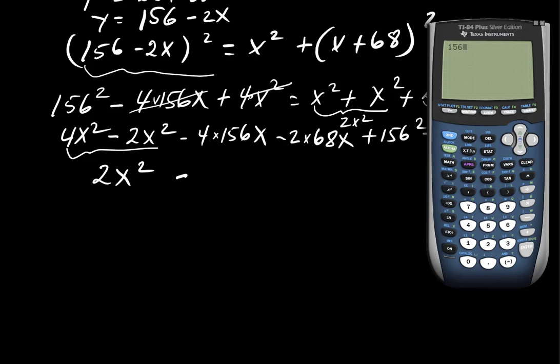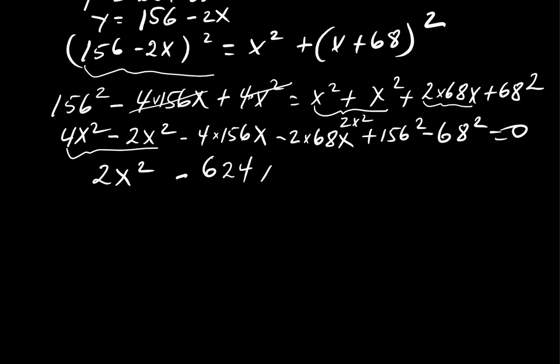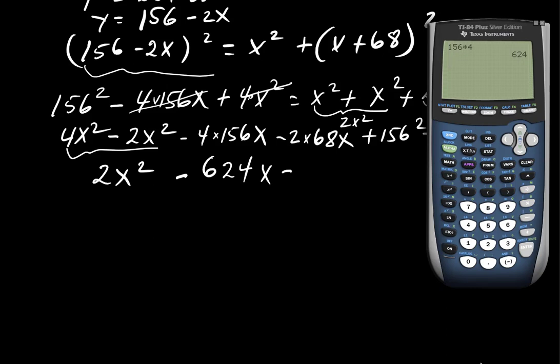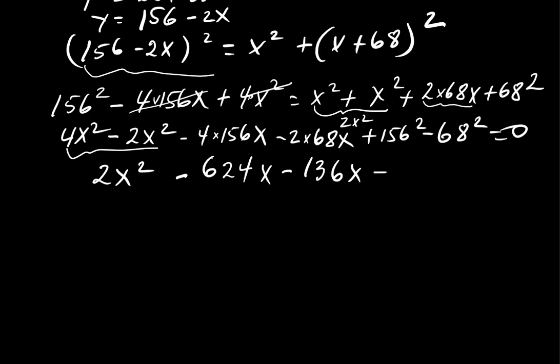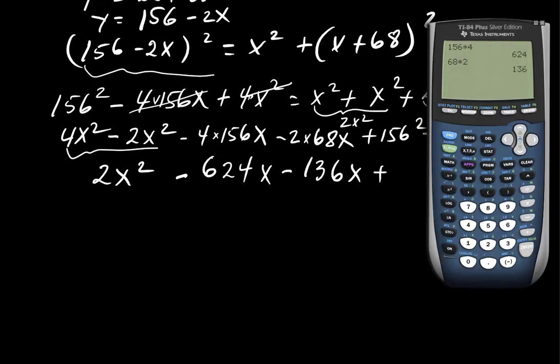You say 156 times 4 equals 624x, minus, we can bring back our calculator, 68 times 2 is 136x, plus 156 squared equals 24336.